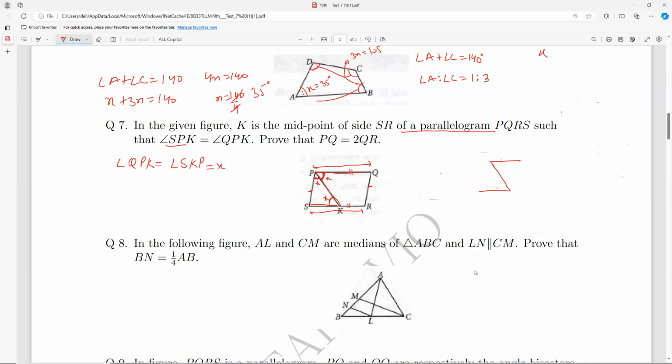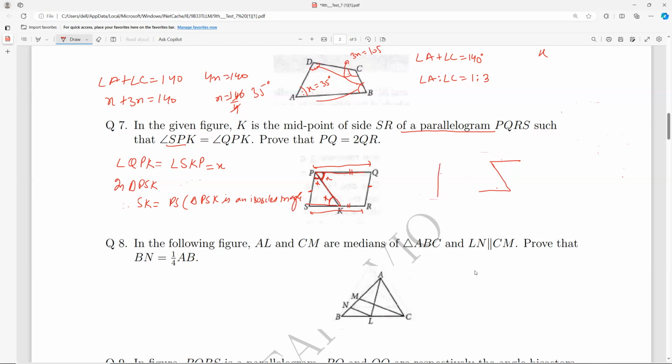And for that reason, we can say that this angle is equal to this angle. So in triangle PSK, SK will be equal to PS. Why? SK will be equal to PS because triangle PSK is an isosceles triangle, because its corresponding angles are equal.